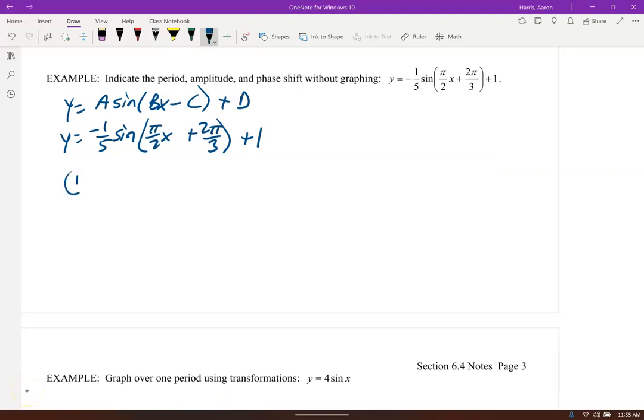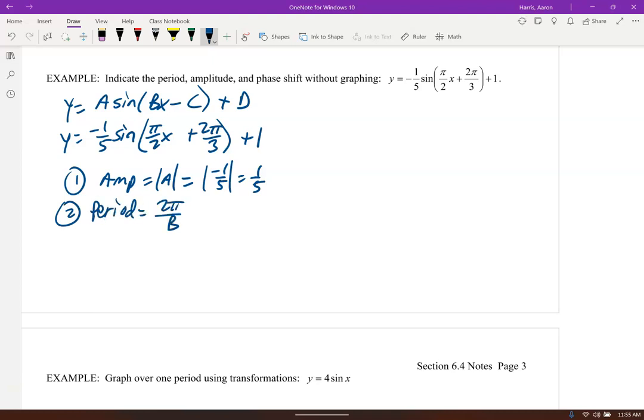All right, so number one, our amplitude here is the absolute value of a, so that's the absolute value of -1/5, which is 1/5. Number two, our period here is 2 pi over b, so hopefully you can see that the b here is pi halves, so this is 2 pi over pi halves.